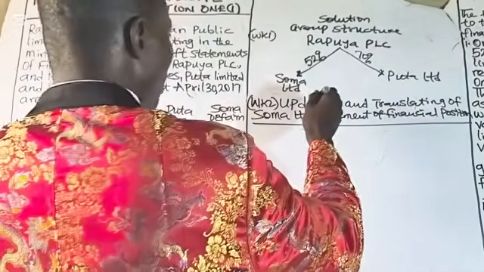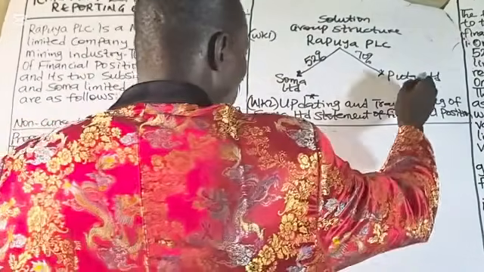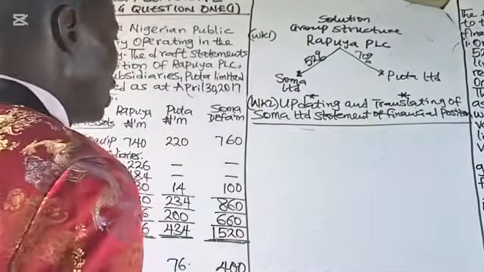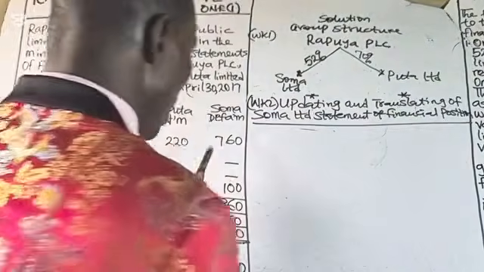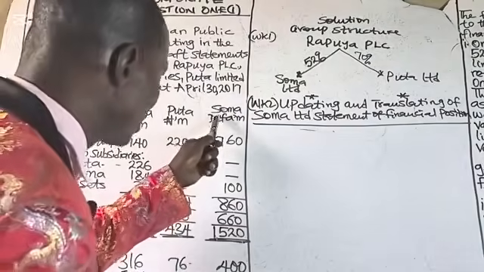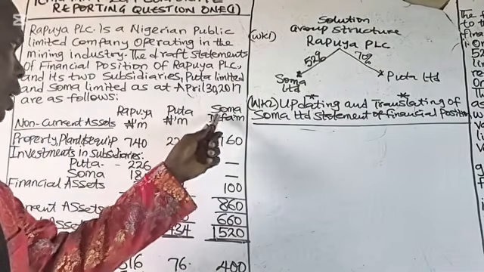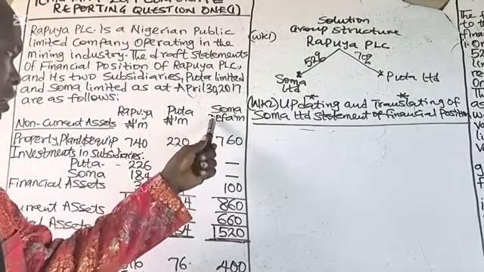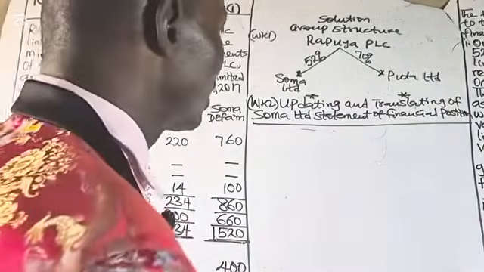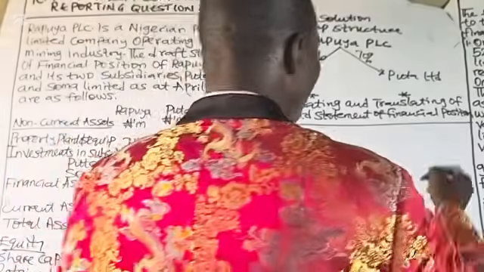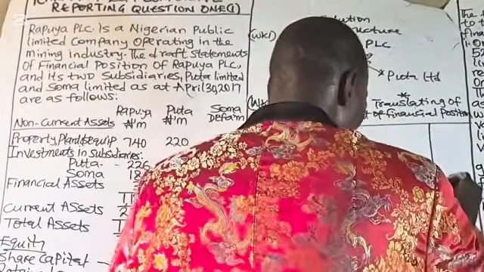The first thing is updating, and the second one is to translate the financial statement of Soma Limited. You know, Soma Limited is the foreign subsidiary, and the presentation currency of Soma Limited is DEFA. So you want to translate the financial statement of Soma Limited from DEFA to Naira.